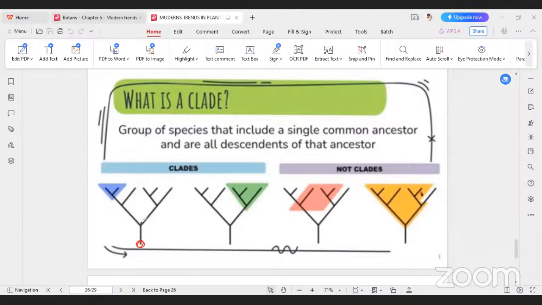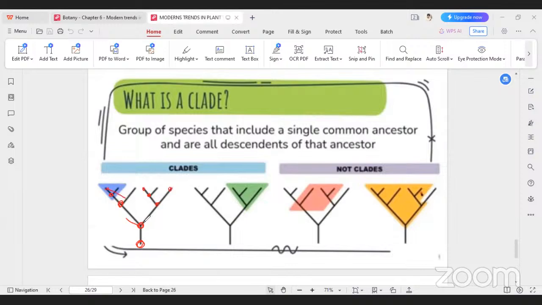a single ancestor to here, to one to here. So these are linked to here.